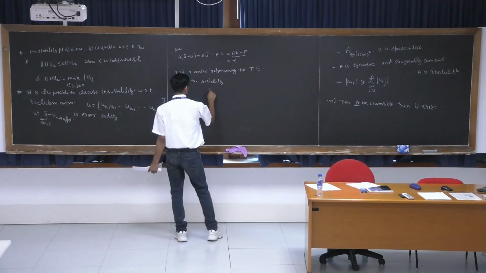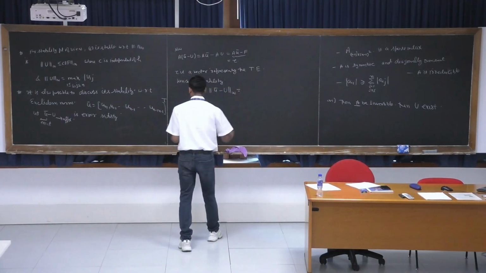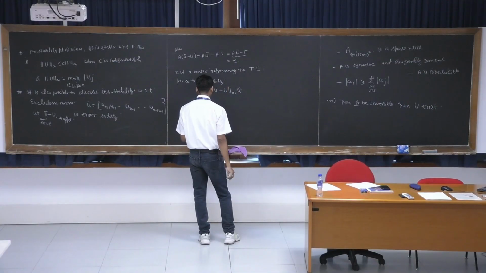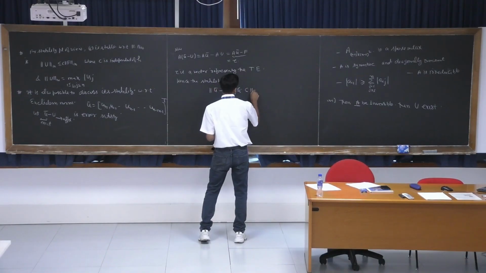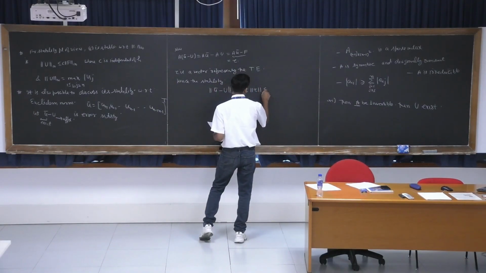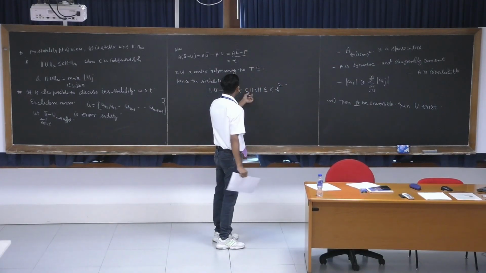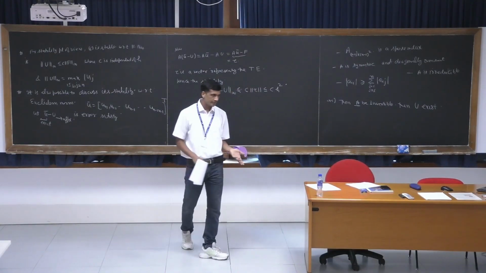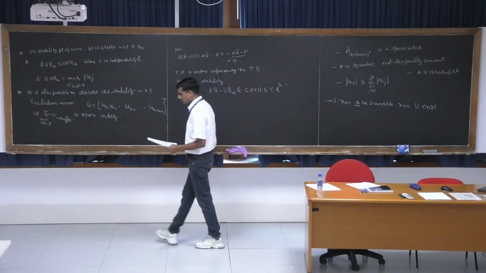is bounded like this: the infinity norm of u bar minus capital U is bounded by C times the norm of tau, and that equals C times the truncation error, which as I told you is of order h square. So this is C h square.